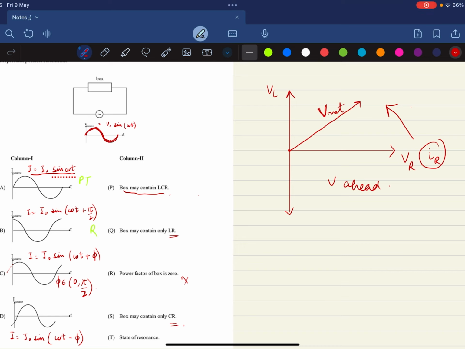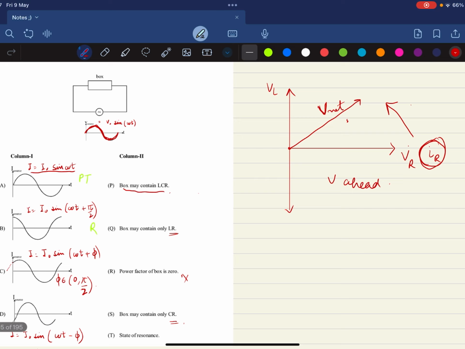But in B part, we had to add to voltage to get to the I. But here we had to add to I to get to voltage. So this assumption that voltage is ahead is incorrect. So there is no LR in this condition, there is CR.